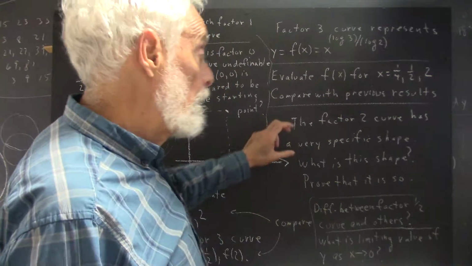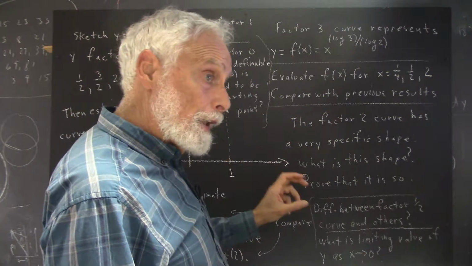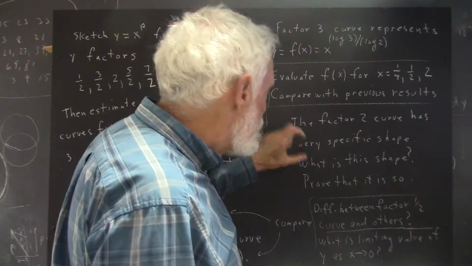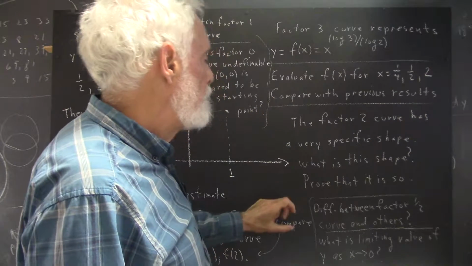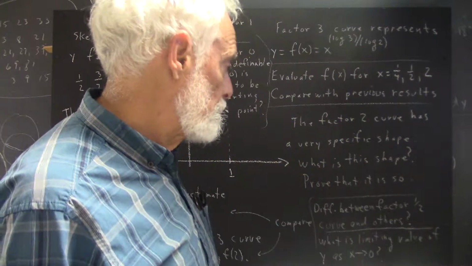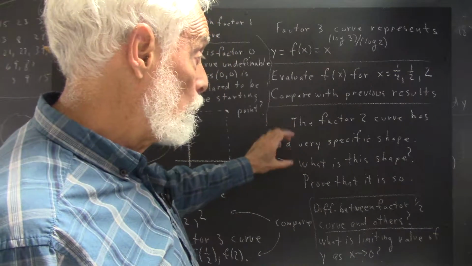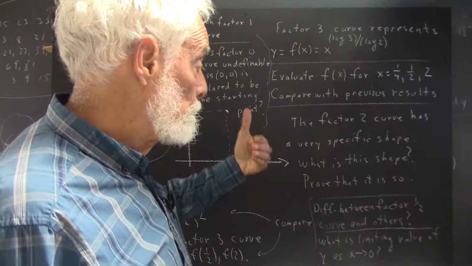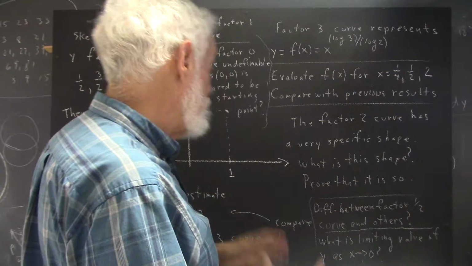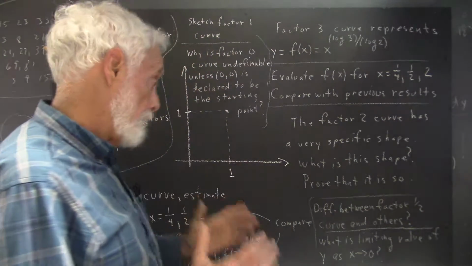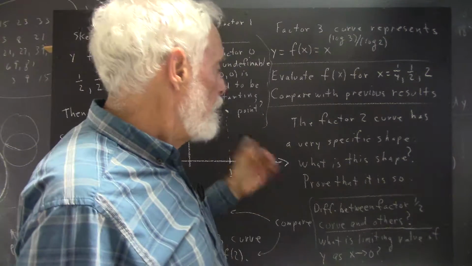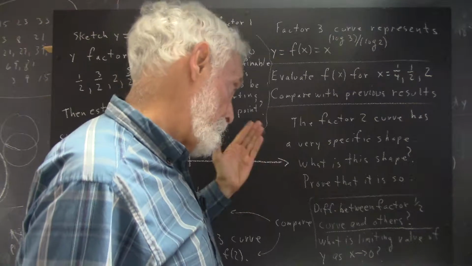And having constructed it, you should have an idea why it's so. Can you think through why it's so and then actually prove that it's so? That's a little bit of a stretch, but not a big one. If you really understand why, then you should be able to come up with a reasonable attempt at a proof. And hopefully you come up with an airtight proof. That would be great. But you start by thinking about why it is.